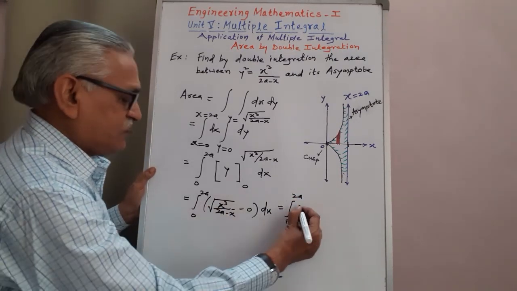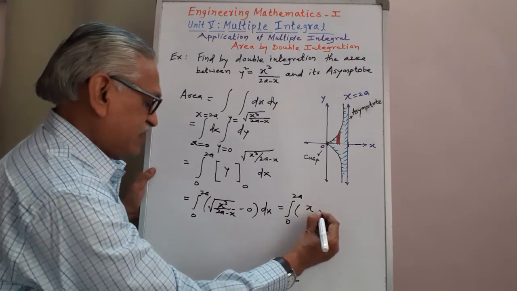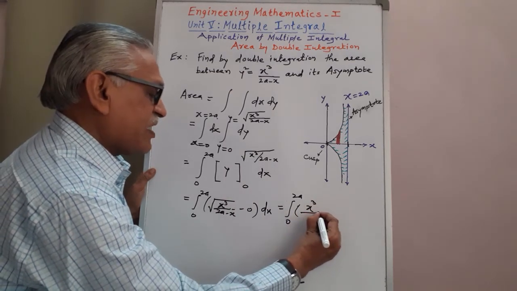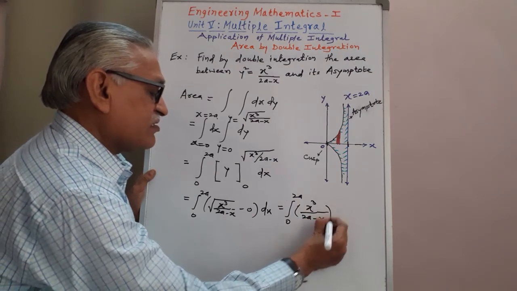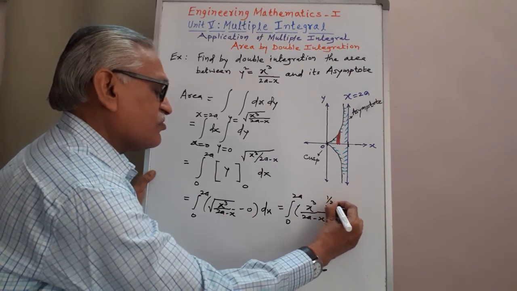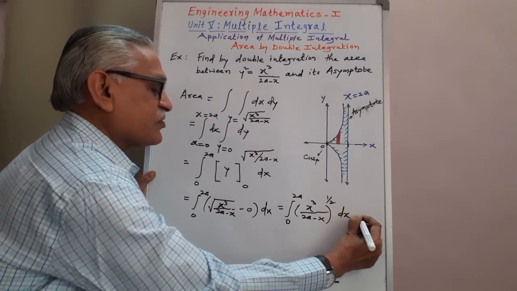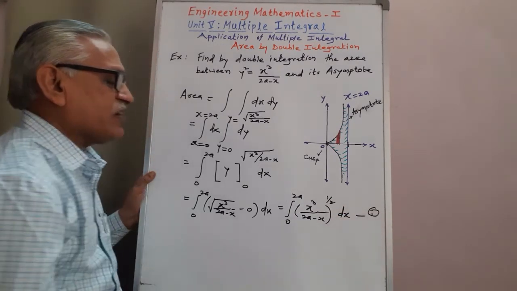This square root we can write as x cube divided by 2a minus x raised to 1 by 2, and then its integration with respect to x. We call this equation 1.